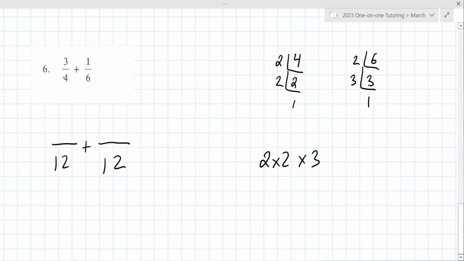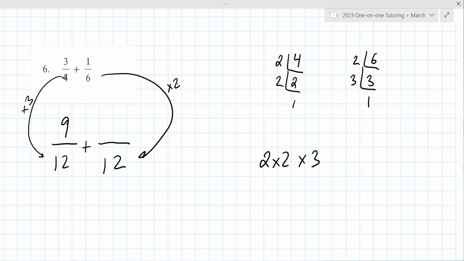Or no, multiplying the 4, sorry, to 12, so that's times 3. That's going to be a 9. Good. And then 6 times 2 is 12, gets you to 12. Okay, and then that's 11 over 12.